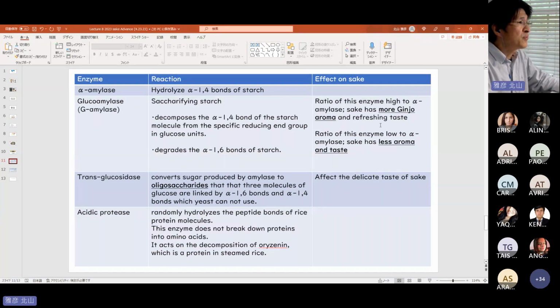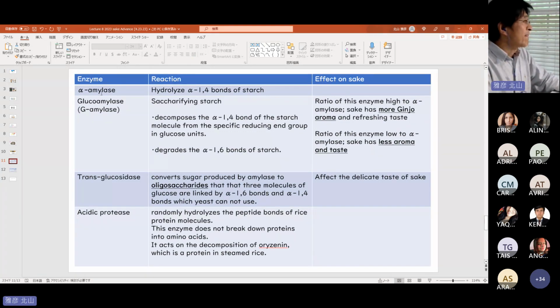So if we want to make ginjo style of sake with strong aroma and refreshing taste, we should use koji fungi with high activity of G amylase rather than alpha amylase.